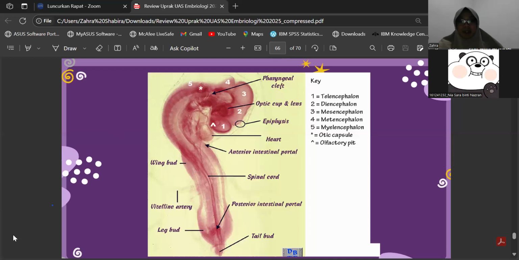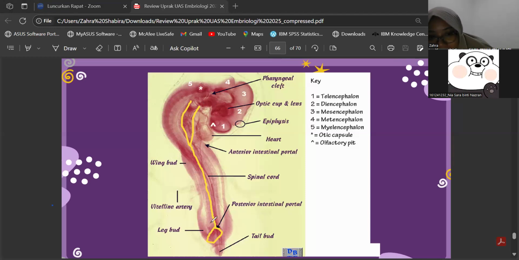Now from AIP, if I draw it like this, here this is AIP. From AIP over here, there is a funnel entering below, creating posterior intestinal portal or PIP.